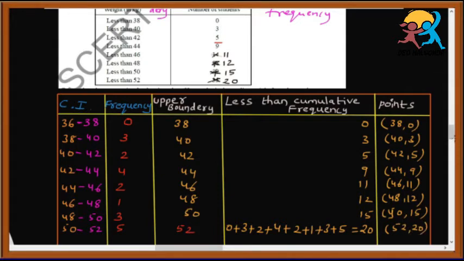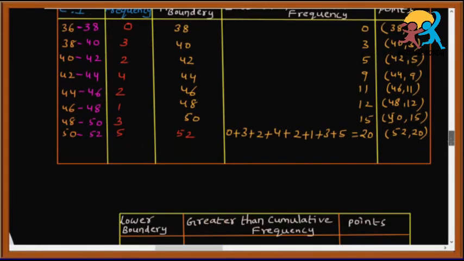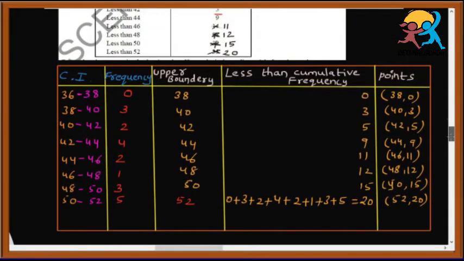Like this you have to take. So with these points we have to draw a graph. That graph is called less than cumulative frequency curve, Ogive curve.